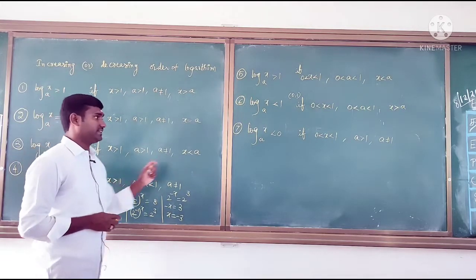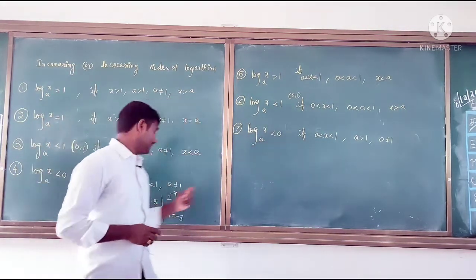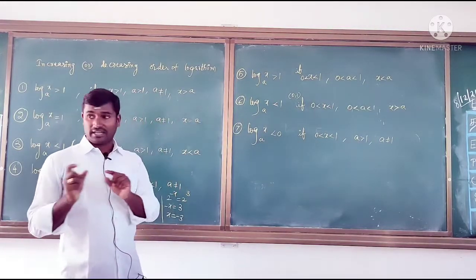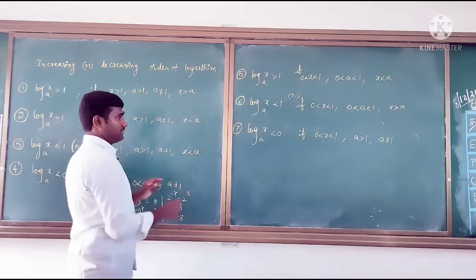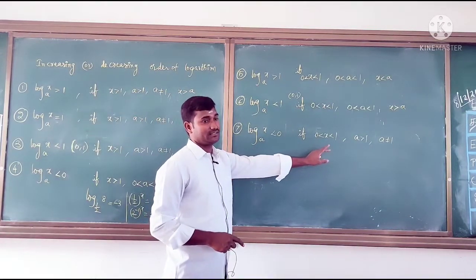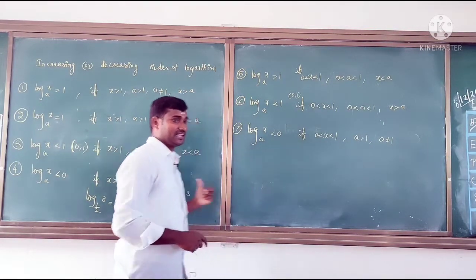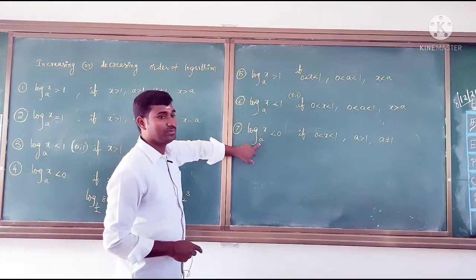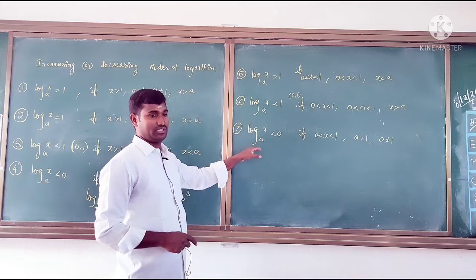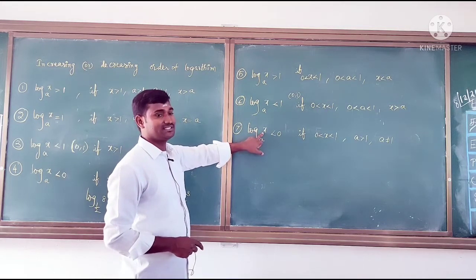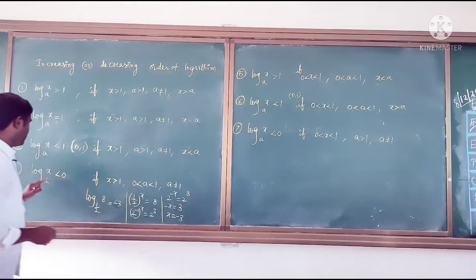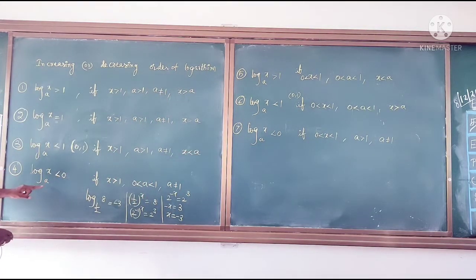Here x is greater than 1, here a is greater than 1. Okay, try to compare these two things. Here in this case, a is greater than 1, in this x is greater than 1. So if one number is greater than 1, the other number should lie between 0 and 1. See here x is between 0 and 1, this number is greater than 1. Here x is greater than 1, this a lies between 0 and 1.